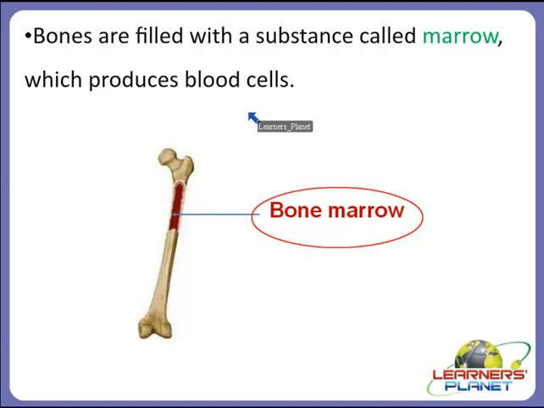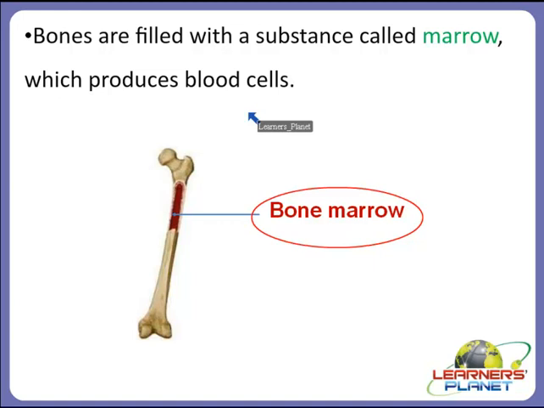We know that the skeletal system extends from the top of the head to the tip of the toe, and it has 206 bones. But during birth there are around 300 bones, out of which some bones get fused during the growth of the baby into an adult, right? Its function is basically to support the body and to give definite shape to it.